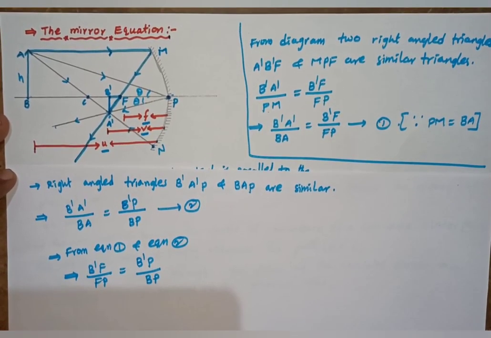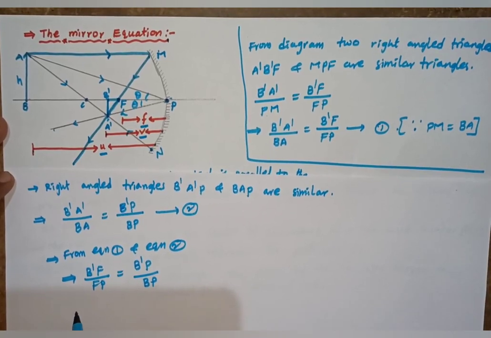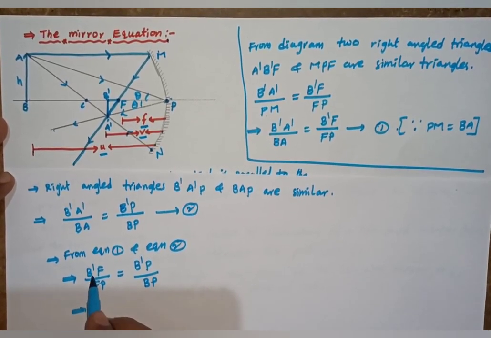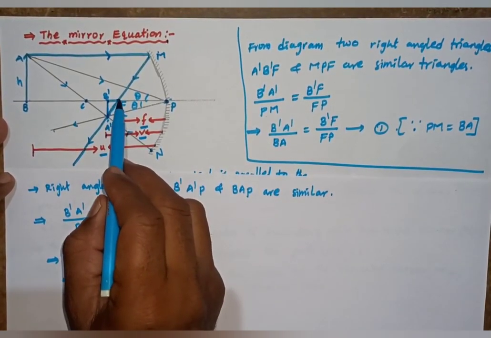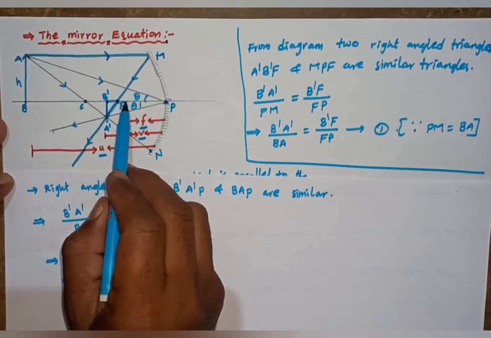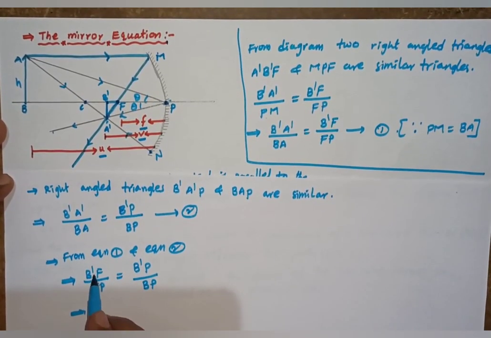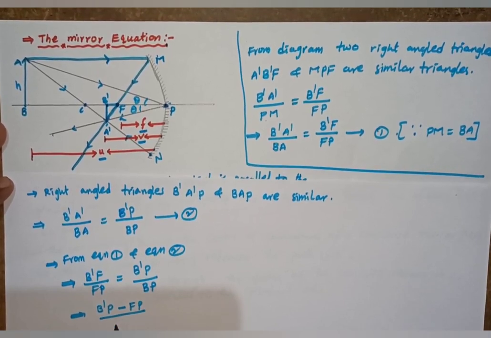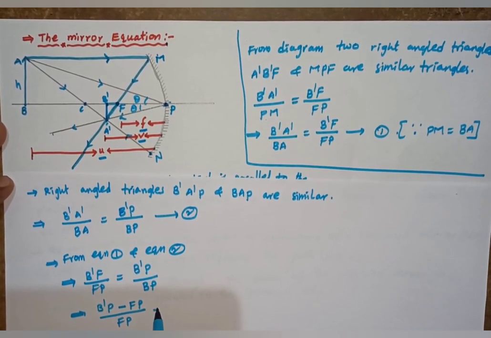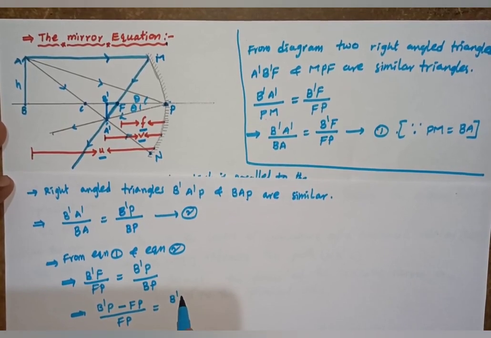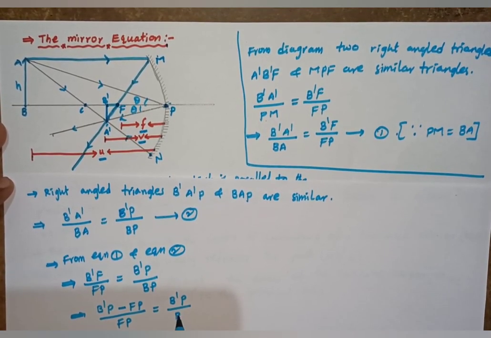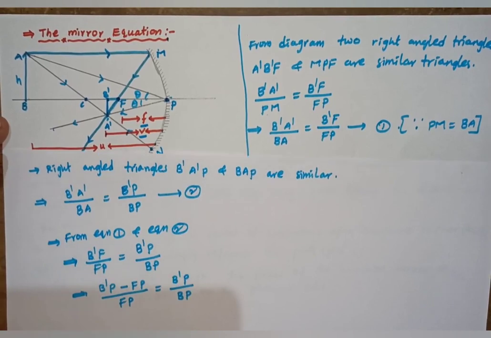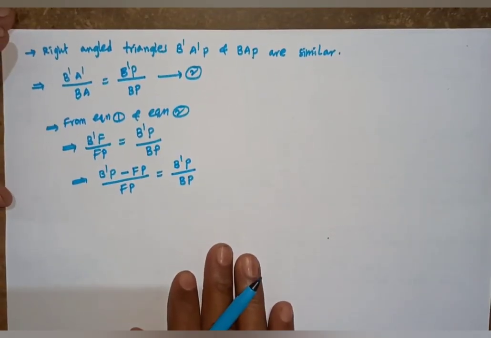That implies B dash F is nothing but B dash P minus FP, so B dash P minus FP divided by FP equals B dash P divided by BP.